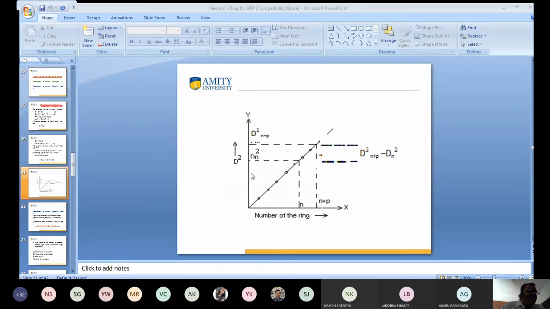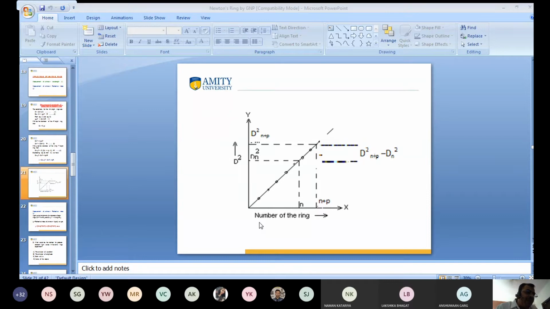We get a linear variation: when the number of rings increases, the diameter also increases, so we get a linear variation between the number of rings and the square of diameter.